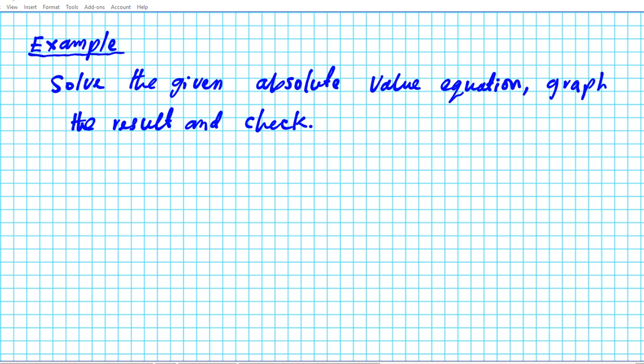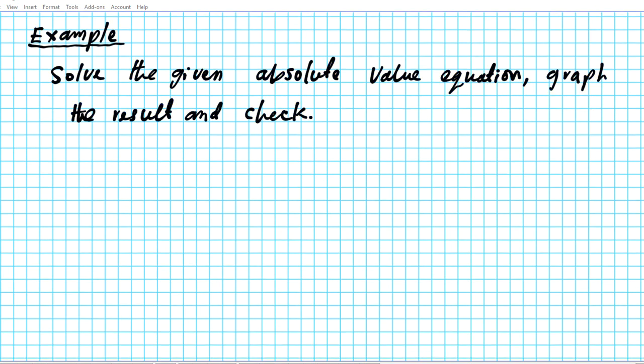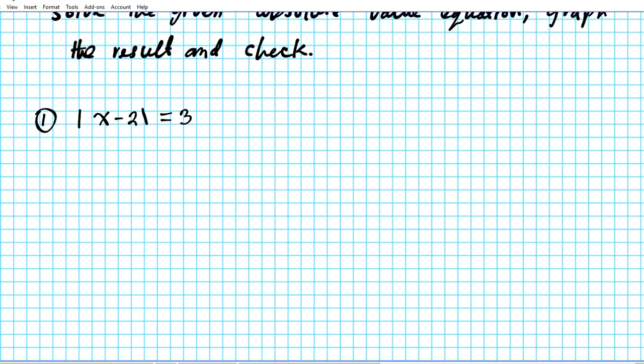All right, so let's say we have the following absolute value equation. The absolute value of the quantity x minus 2 equals 3. Okay, so given this absolute value equation, we're going to solve it, and then we'll graph our solution and check the answer. Okay, all right, so let's go ahead and solve this equation.